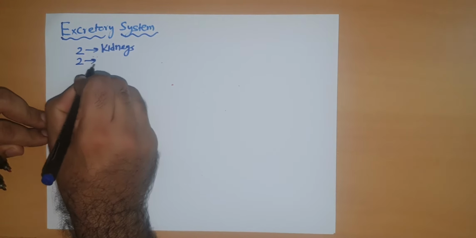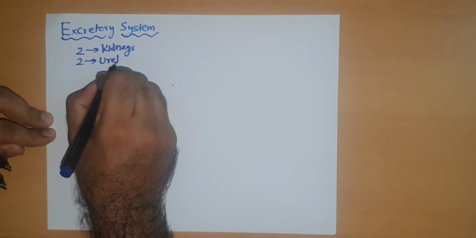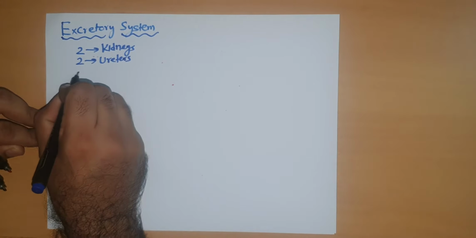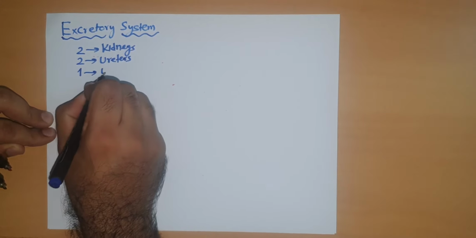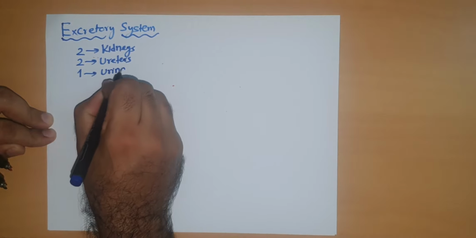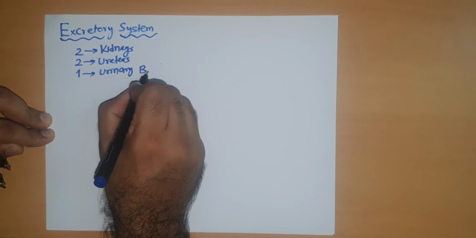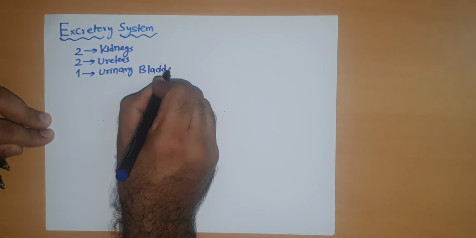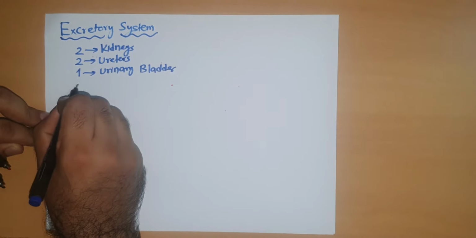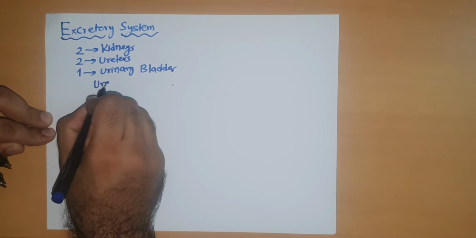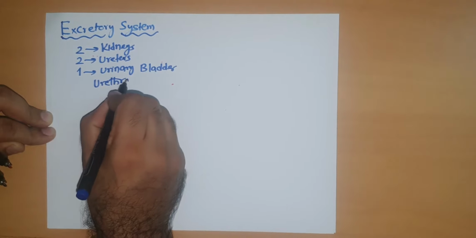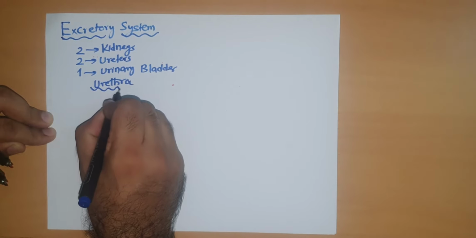There are two ureters. There is one urinary bladder. And then there is the urethra, which is also sometimes referred to as the urogenital duct.